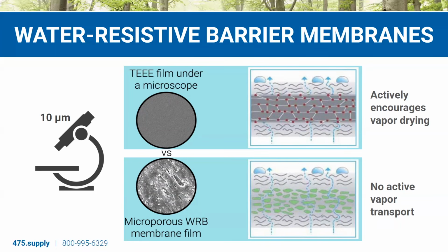While older technology, Tyvek, Typar, Henry Blueskin, these types of materials are microporous, where they're taking oftentimes a sheet of plastic and stretching it very taut, so there are little tiny holes or pores within that membrane. There's a reason why you can't use that same membrane for the wall and the roof. It's not as watertight as what you would need for a roof application.